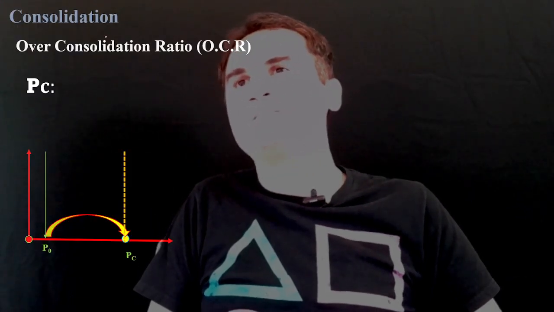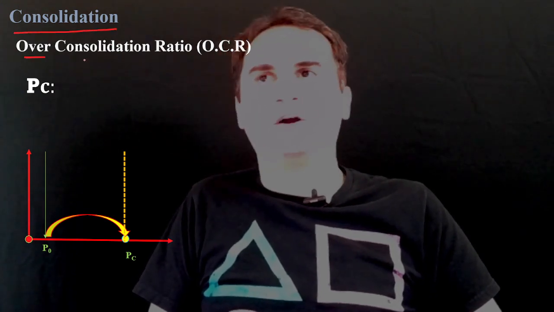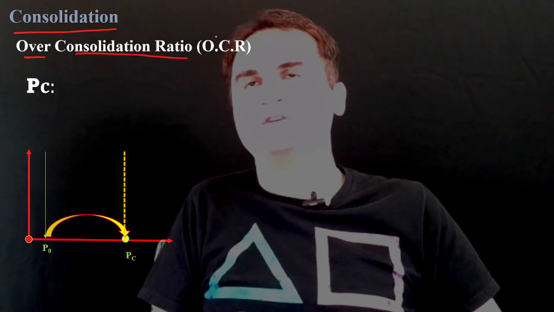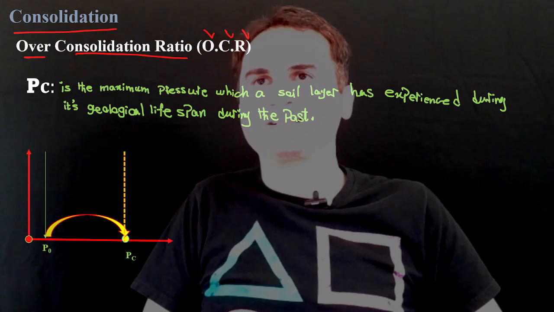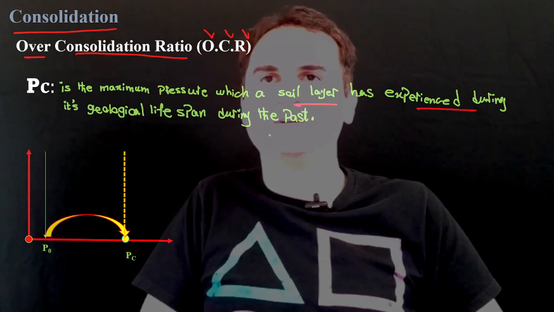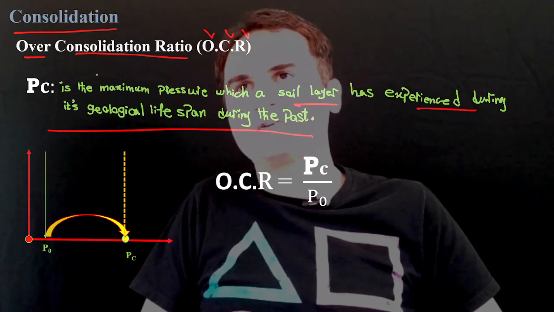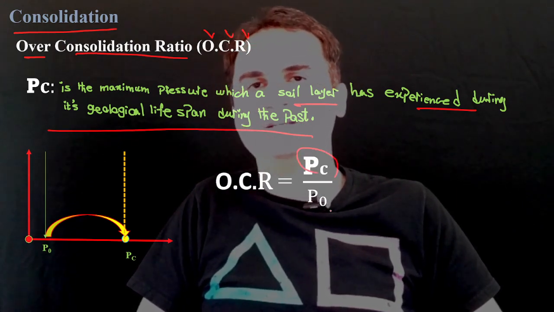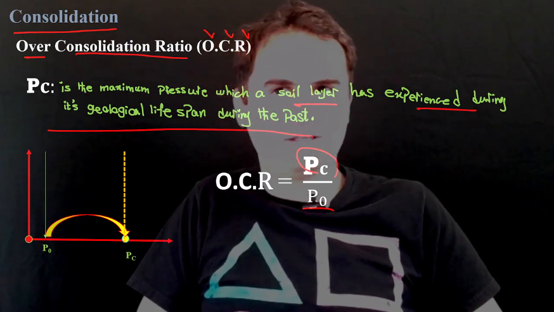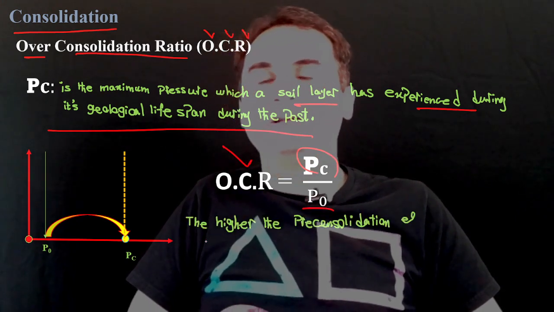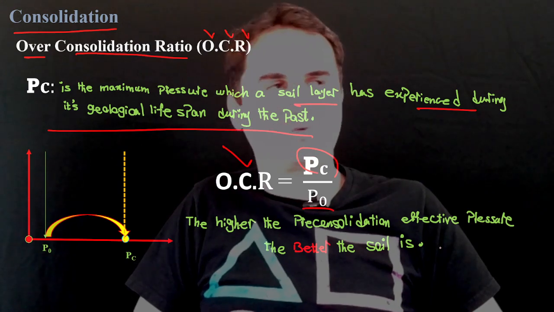Let's define the over consolidation ratio, which we see as OCR. Again, PC is the maximum pressure which a soil layer has experienced in its geological timeline, and OCR is PC, the maximum pressure which the soil has experienced, over the initial effective stress. The higher the pre-consolidation effective pressure, the better the soil is.